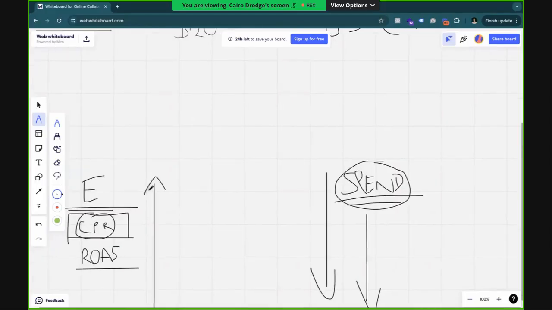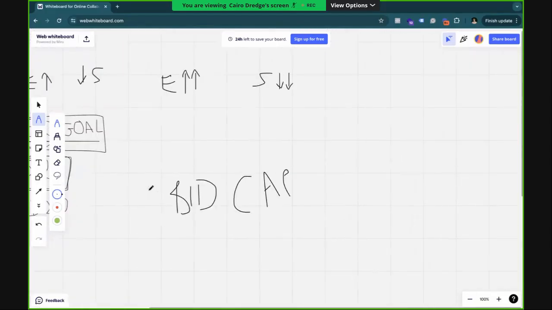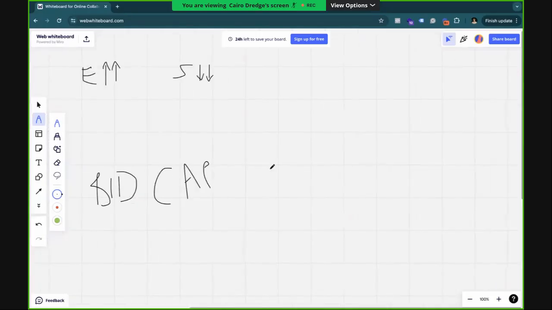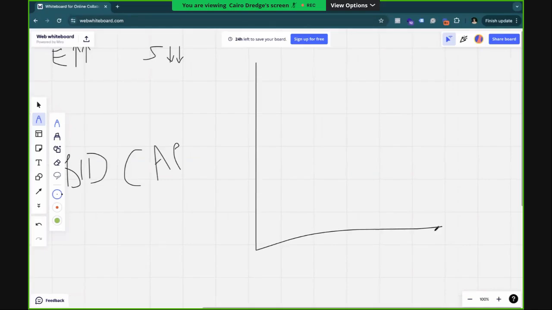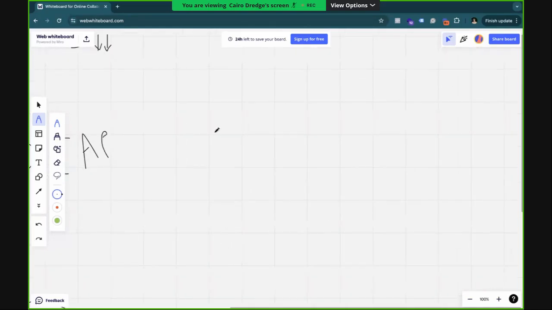Okay, and so here, bid cap. Let's talk about what that is in relation to the kind of graph that I was drawing earlier. So bid cap is more of a hard ceiling.